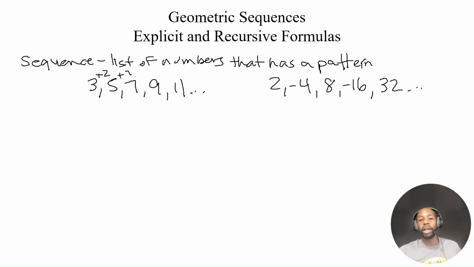Now here, if you notice, to get from 2 to -4, we're multiplying by -2. To get from -4 to 8, we're multiplying again by -2, and so on and so forth. This is a geometric sequence here.